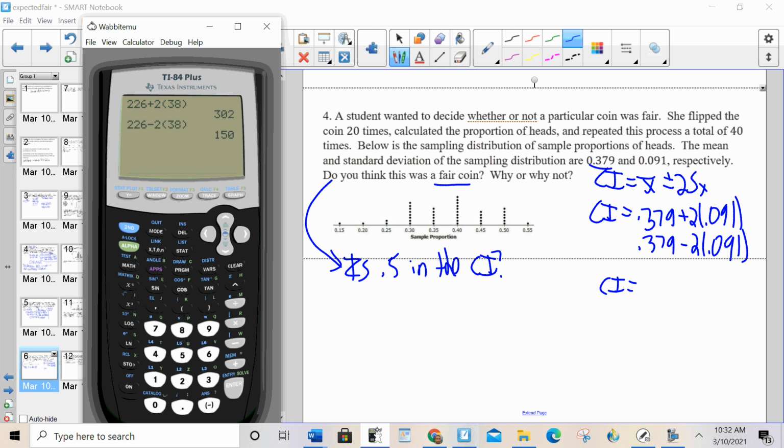So I go to my calculator, I do 0.379 plus 2 times 0.091.